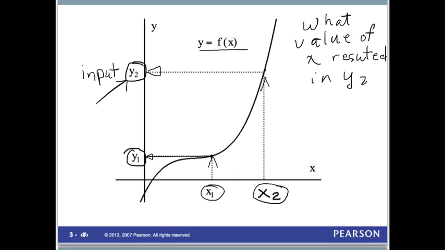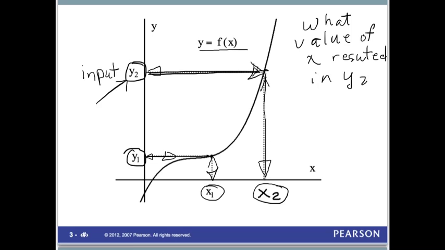And what you do is you simply go backwards and then go down, and you can read off the value of x2. Similarly, you would do the same thing for y1 and figure out what value of x1 produced it.